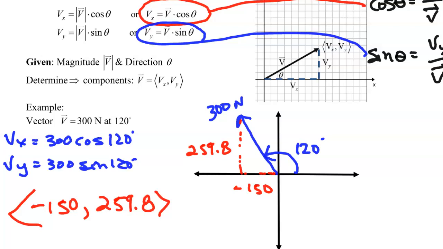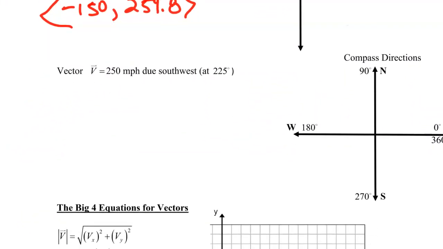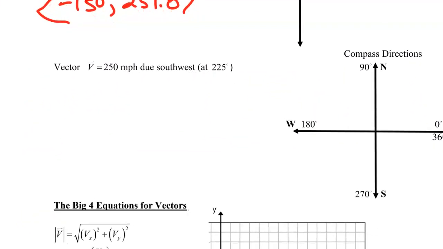Okay, let's go to another example. Now, in this class, when we talk about compass direction, 0 degrees is due east. 90 degrees is north, and so on and so forth.